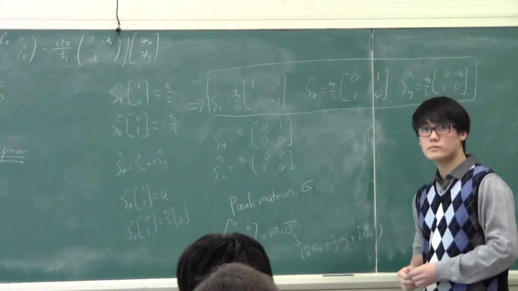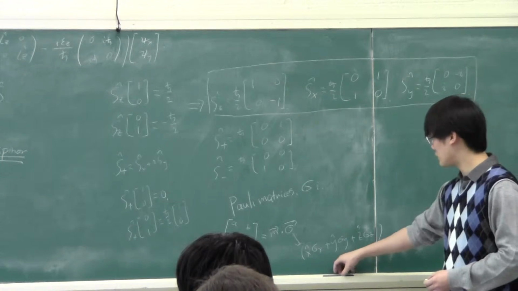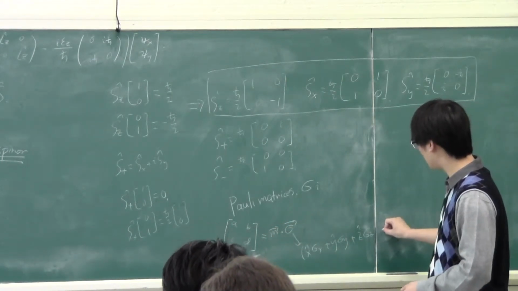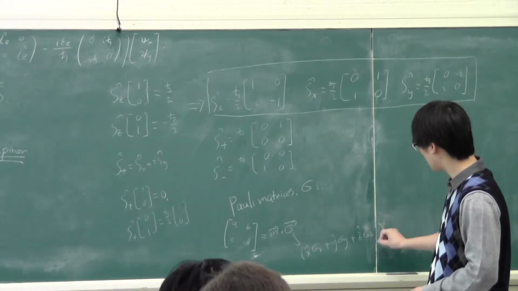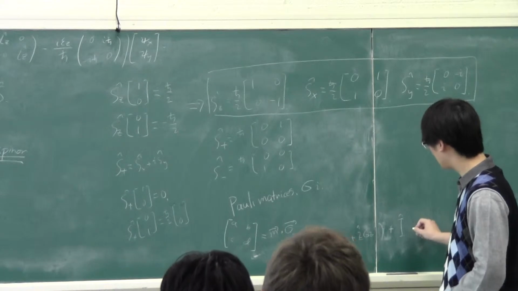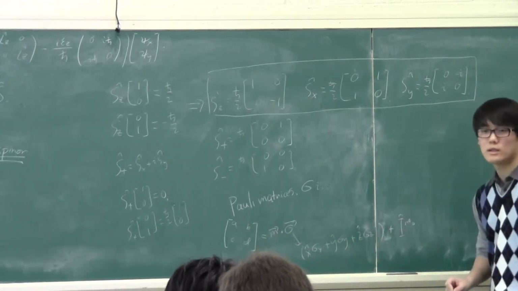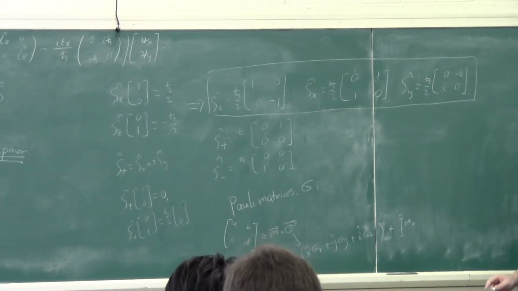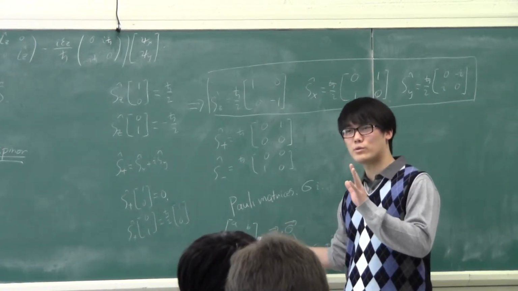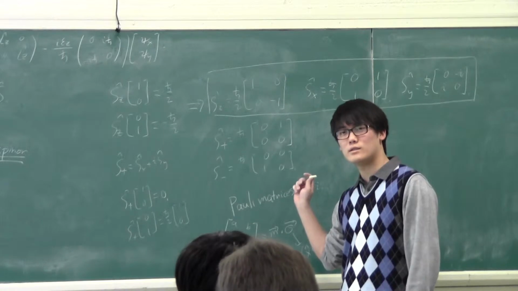You need the identity term in the right. Yeah, right. But actually you need a plus, maybe plus something times the identity operator. I'm not sure if I'm correct here, but if we require this to be unitary, then there's no identity.